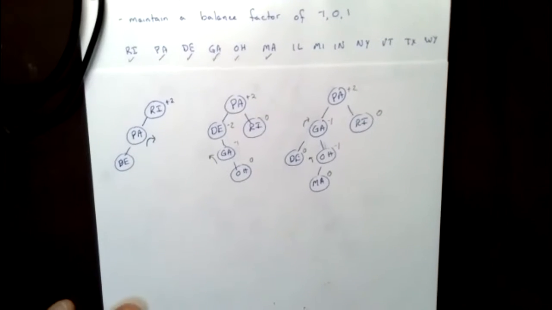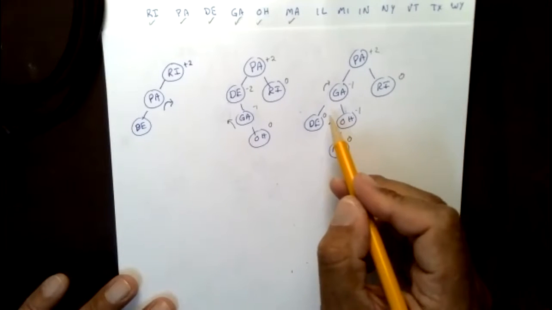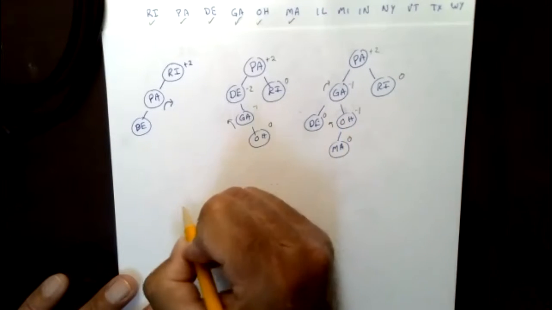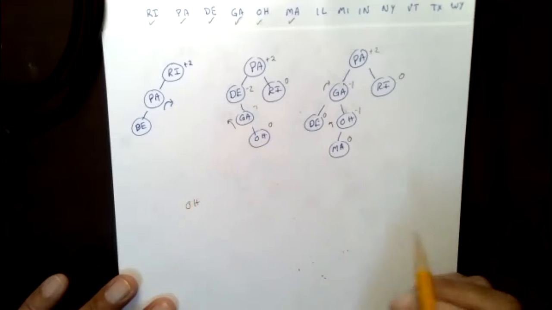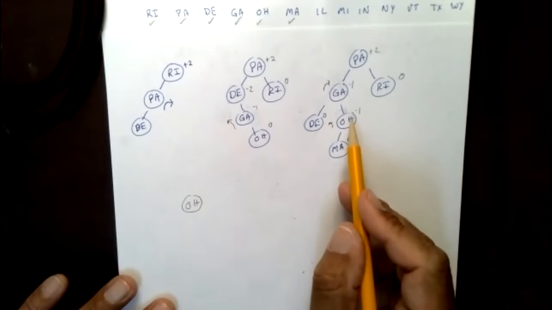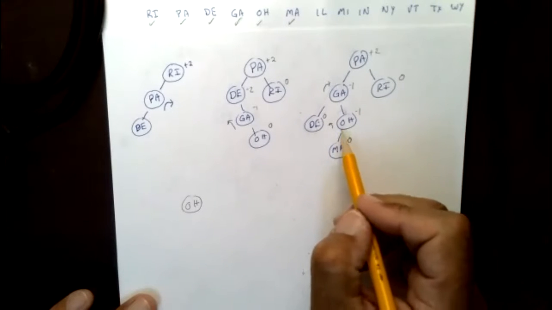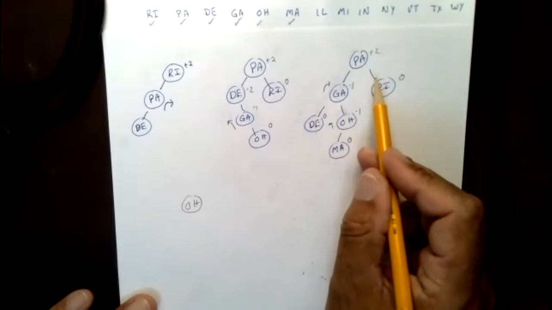I need to make sure I have this straight in my head. Okay, so if I do a left rotation on Ohio, I better do this in pencil just in case. A left rotation on Ohio. Okay, so now Ohio is here. I just got a brain fart. We go a left on Ohio and then a right on Georgia.